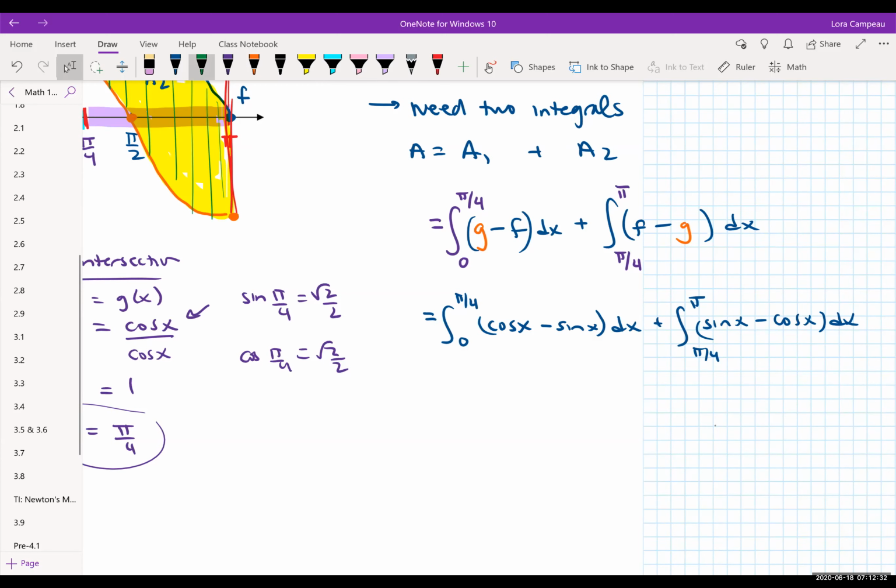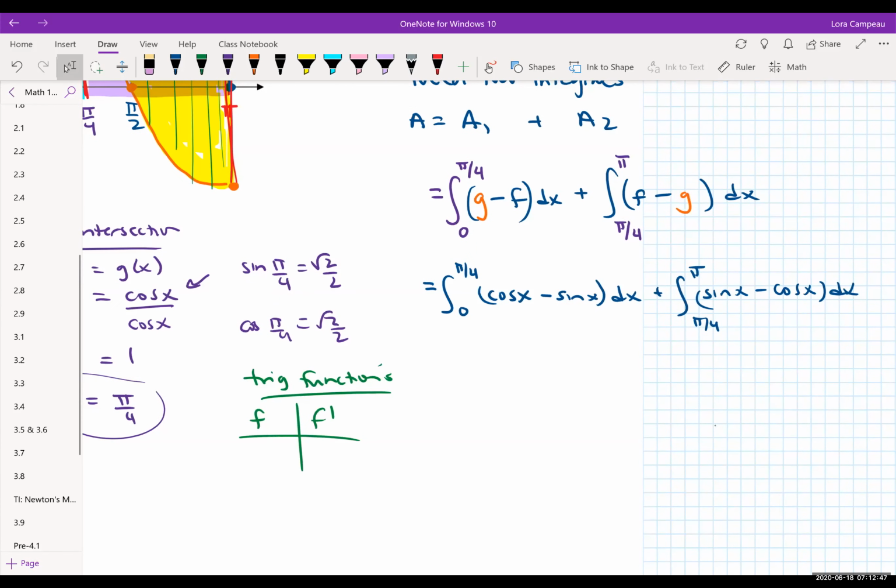A little note on the side: anytime you're integrating trig functions, you're trying to figure out what the function was before you took the derivative. So I do this whole f prime idea. I see sines and cosines. If I start off with f of x equals sine of x, the derivative of sine of x is cosine x.